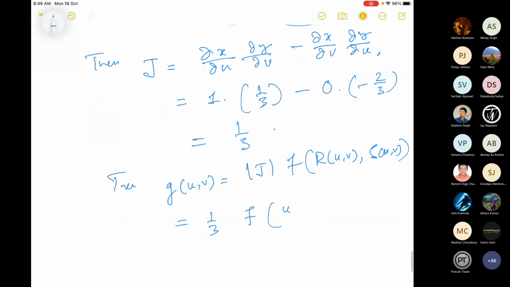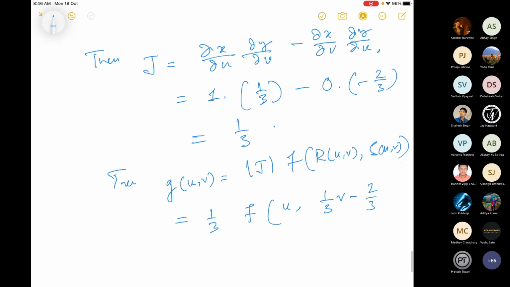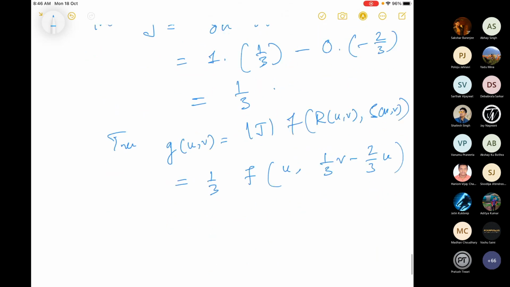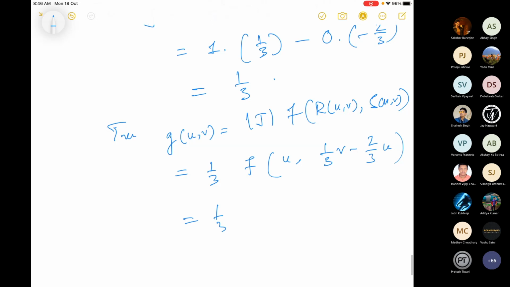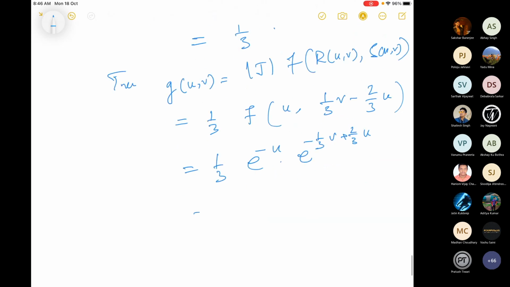So u comma 1 by 3 v minus 2 by 3 u. So this is 1 by 3 e to the power minus u times e to the power minus 1/3 v plus 2 by 3 u, which is 1 by 3 e to the power minus u plus v by 3.